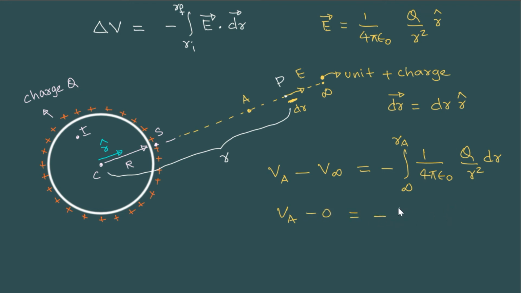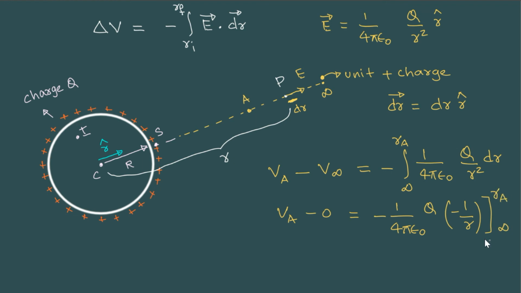Now VA, and then we are taking this as 0 minus 0, and then negative of 1 by 4 pi epsilon naught is constant, so I'll pull that out. And then what is the integral? q is also constant, so the integral of r to the power minus 2 is r to the power minus 1 by minus 1. So we'll end up having minus 1 by r. Now what are the limits? Infinity to RA.